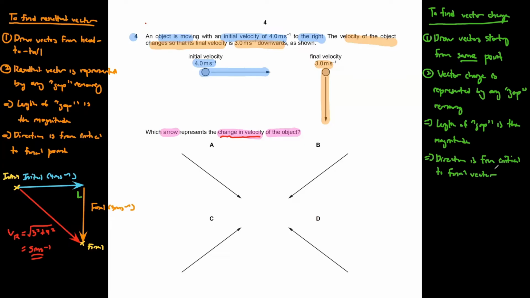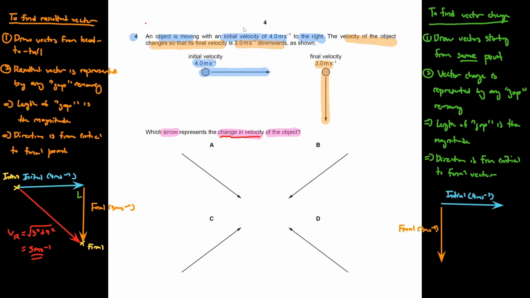Okay, so let's apply it to our question here. We draw the initial vector starting from one point here, and then we draw the final vector starting from the same point too, like this. Okay, so this one is our initial vector at 4 meters per second. This one is our final vector at 3 meters per second.